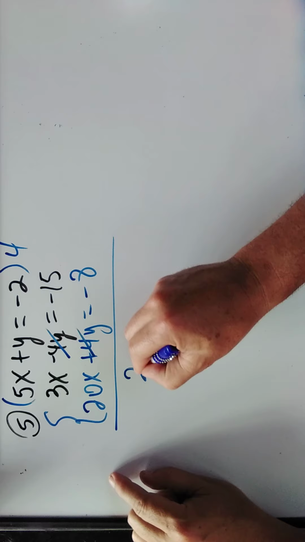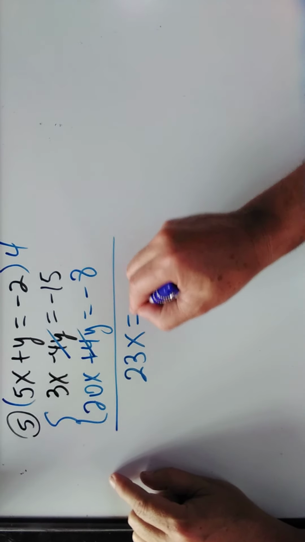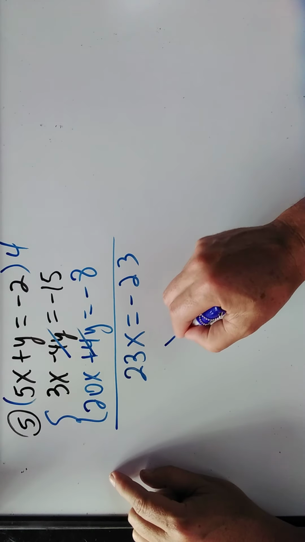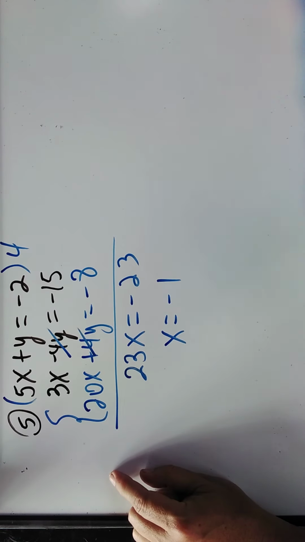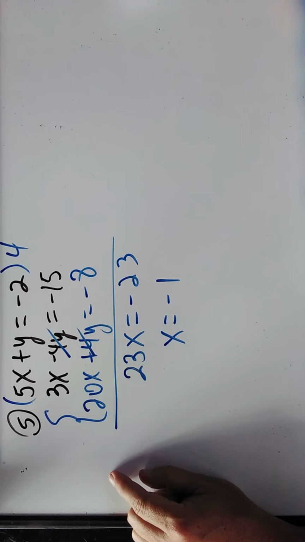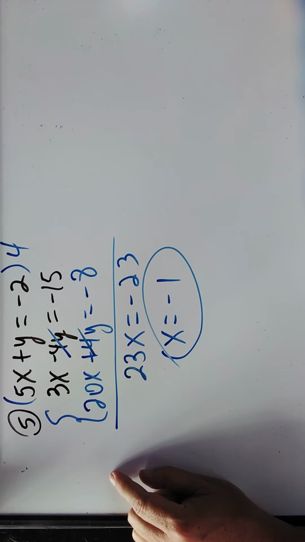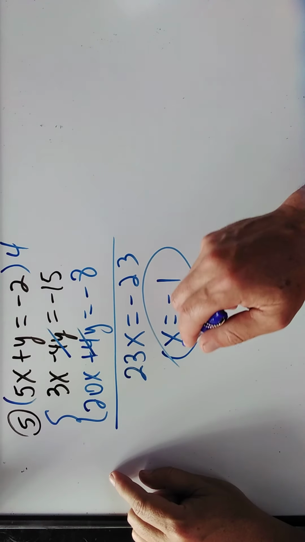That gives you 23x equals negative 23, and then x equals negative 1. All we have to do at this point is plug in the value of x anywhere up there. So let's do it right here. I think it looks easier here.